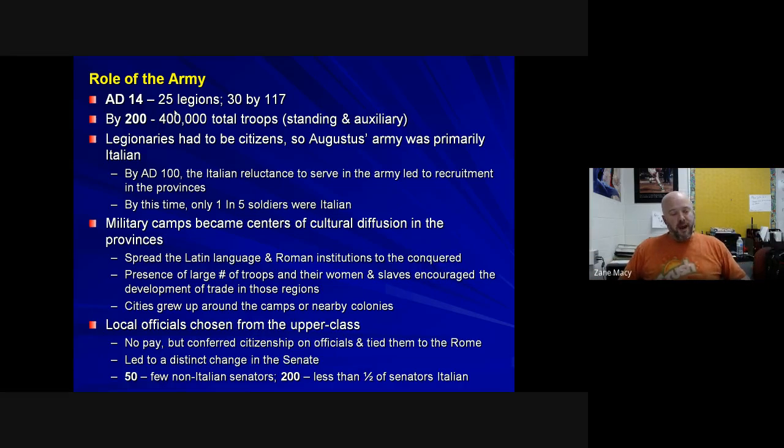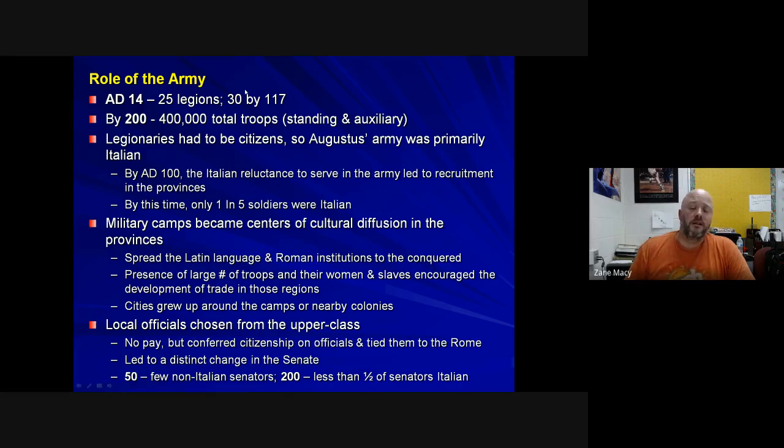Once you see Spaniards and Gauls and people from the Germanic tribes gain citizenship, and they work their way up the hierarchy within the imperial government, you start to see non-Roman families gain seats in the Senate.